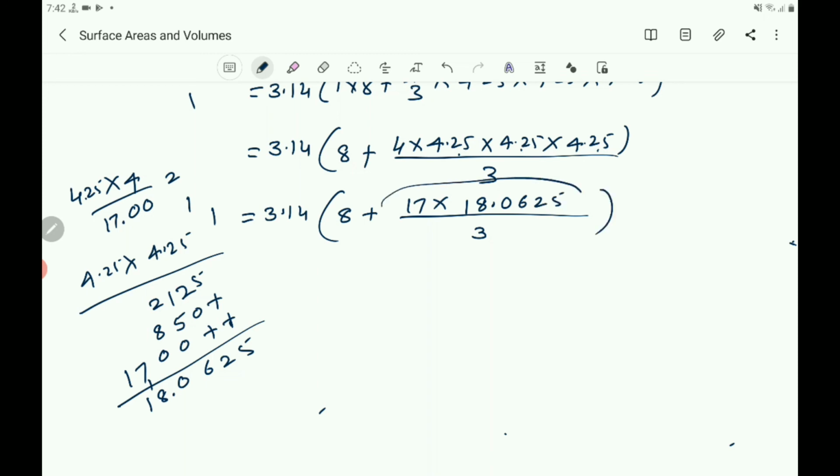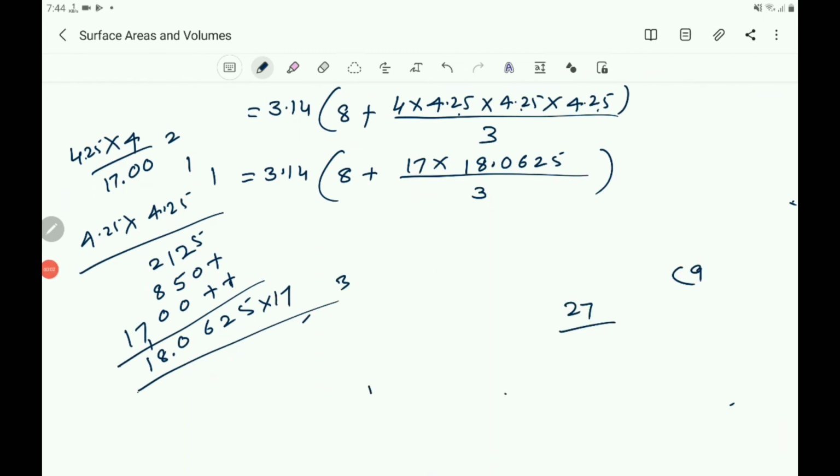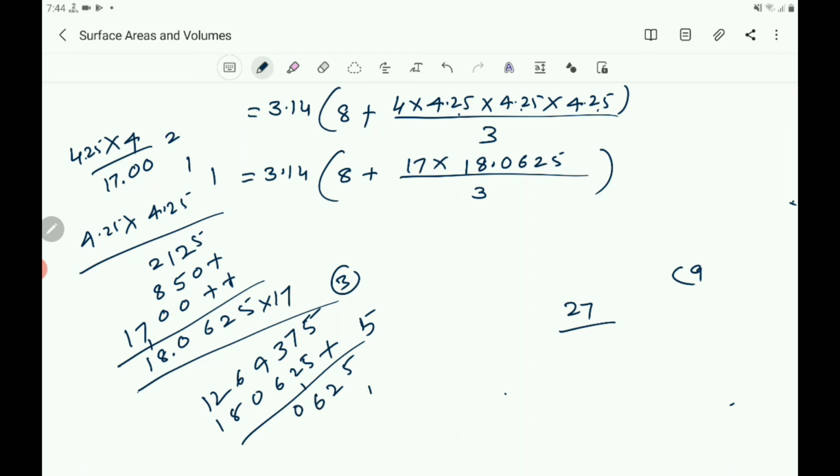Then you multiply this by 17. 7 5s are 35, 7 2s are 14, 14 plus 3 17, 7 6s are 42 plus 1 43, 7 8s are 56, 7 1s are 7 plus 5 12. So you got 307.0625.